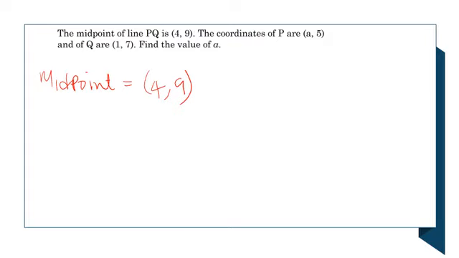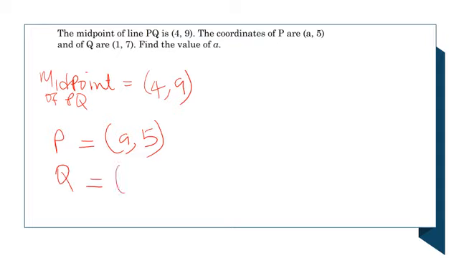The midpoint of a line PQ, and the coordinates of P are a, 5, and the coordinates of Q are 1, 7.